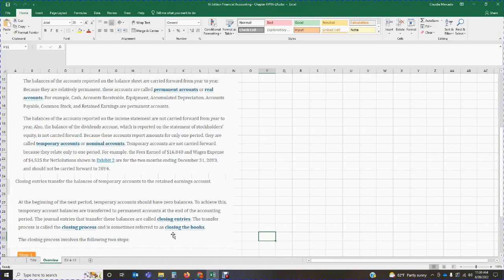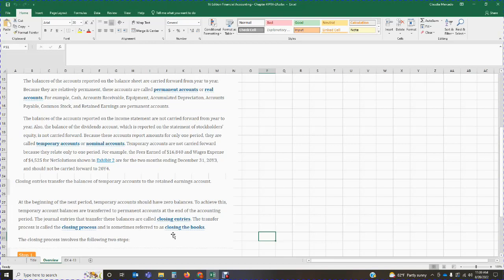Okay, so all of your revenue accounts are zeroed, all of your expense accounts are zeroed, all of your dividend accounts are zeroed. Okay, so to achieve this, temporary account balances are transferred to permanent accounts at the end of the accounting period. The journal entries that transfer these balances are called the closing entries.